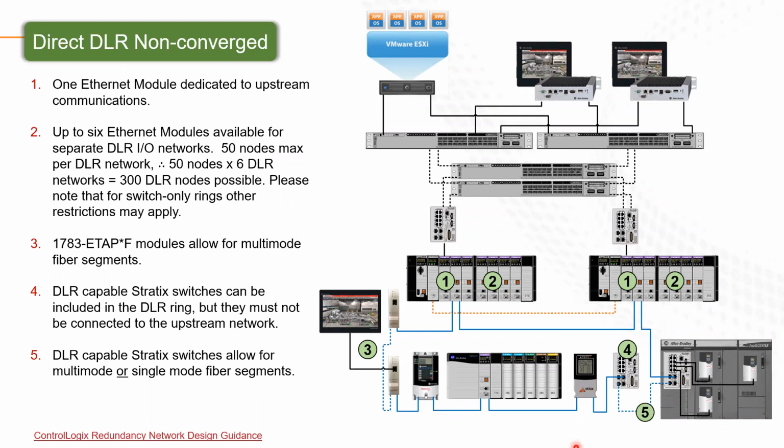Okay, now we're just taking a global overview. This is specifically a redundant ControlLogix system. One thing you notice, we are doing some segmentation using the NIC cards. Our NIC card at 1 is going to the upstream network. The NIC cards on 2 would be what we'd be using for our control network, which would be our levels 0 to 2 type networks.